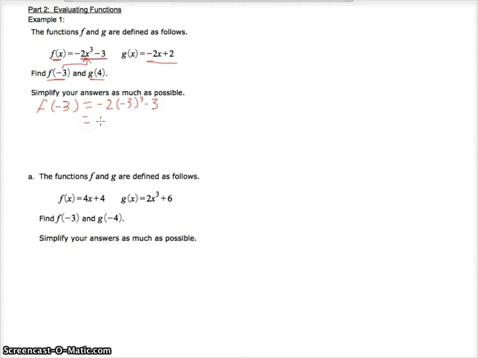When you simplify this, you get negative 2 times negative 27. Negative 3 to the third power is negative 27, minus 3. Now I can simplify.